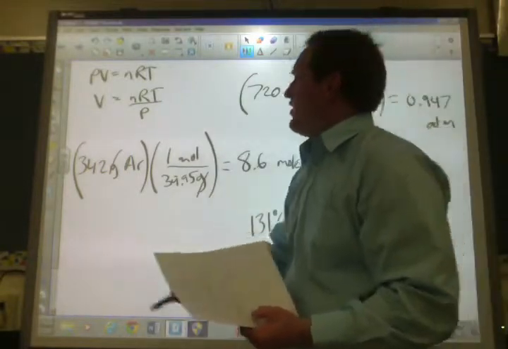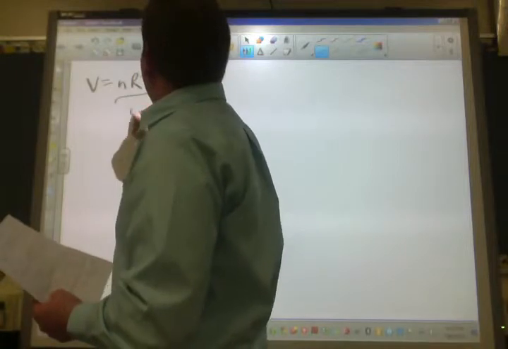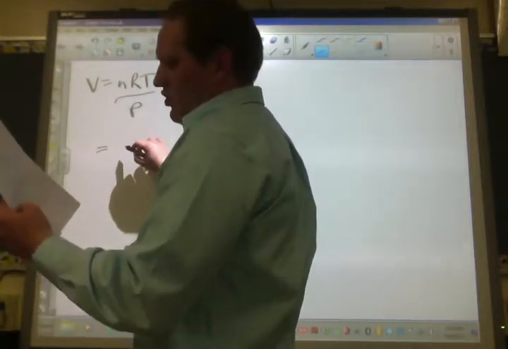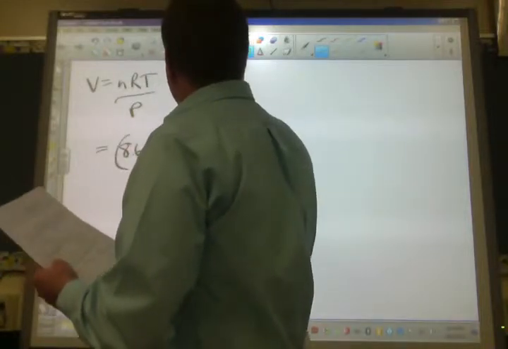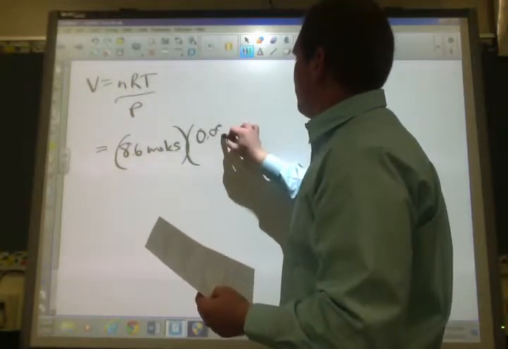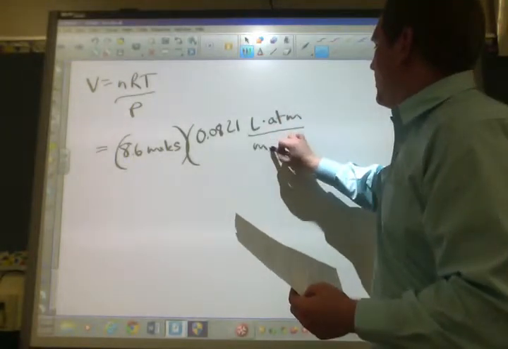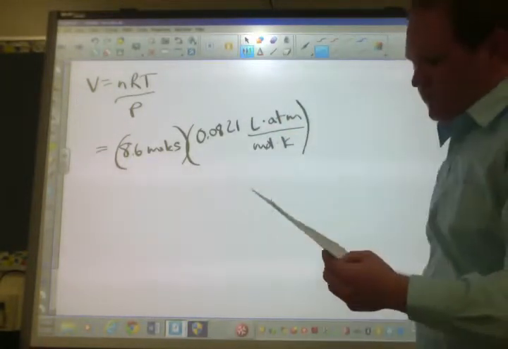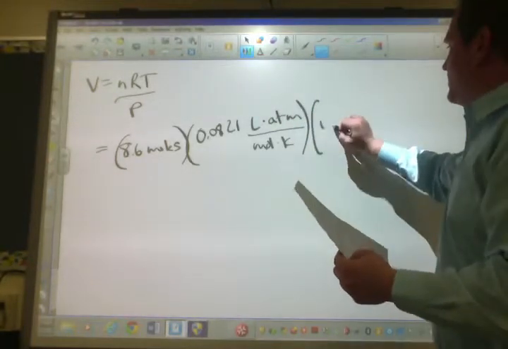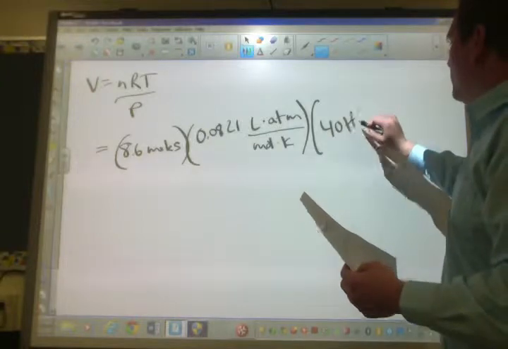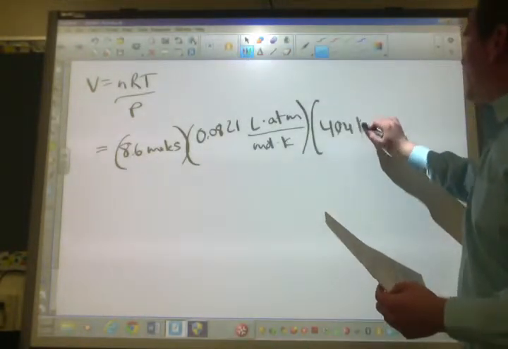Okay, so now I'm ready to plug all these values in. So V equals nRT over P. My moles is 8.6 moles. My R value is 0.0821 liters atmospheres over moles Kelvin. Temperature is 404 Kelvin.